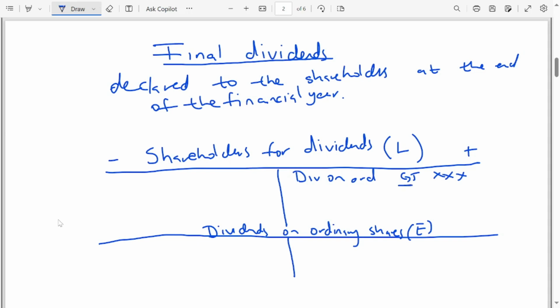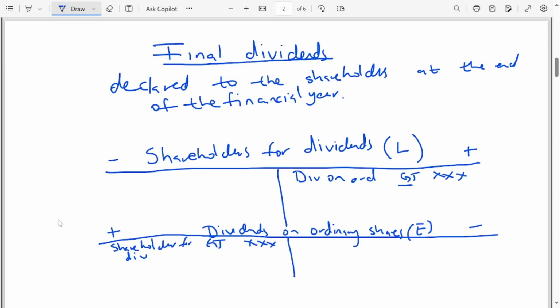That is why we're using the general journal. So the expense is increasing, with the shareholders for dividends. So this is how we're supposed to record this.